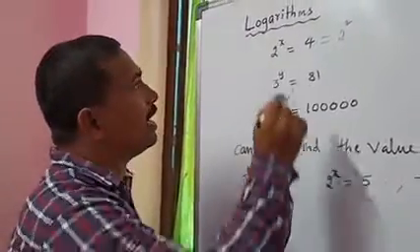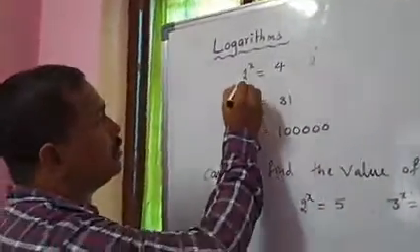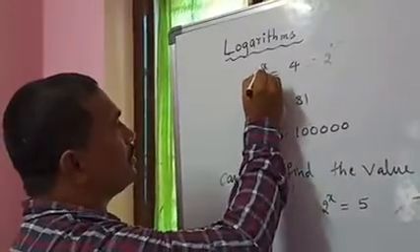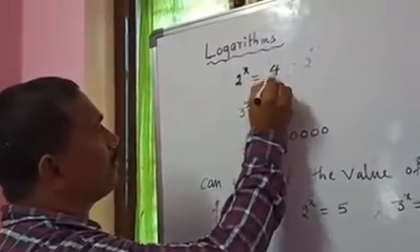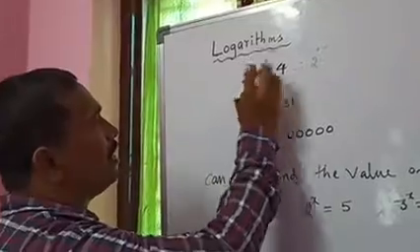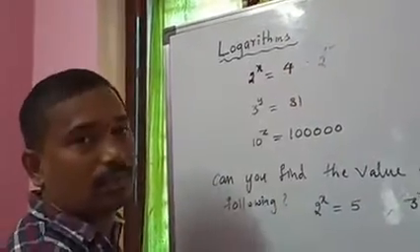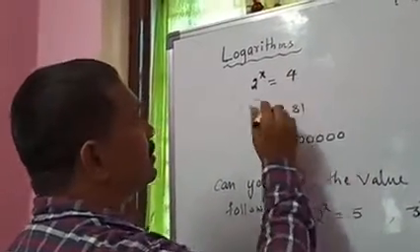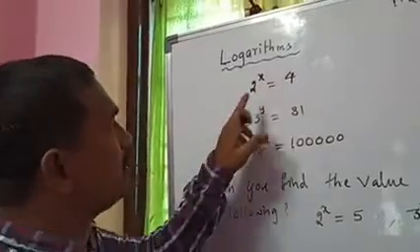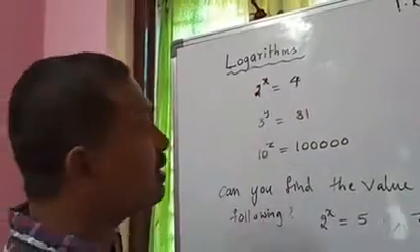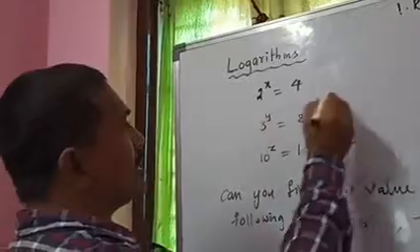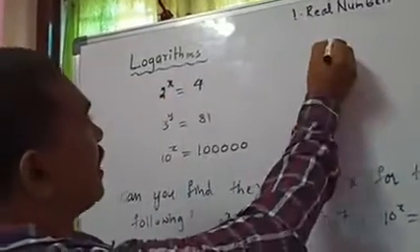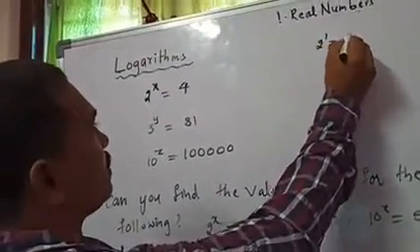So see here, logarithms. 2 power x equal to 4. What is the suitable value of x? Find x. For example, if I write 2 power 1, that is 2.